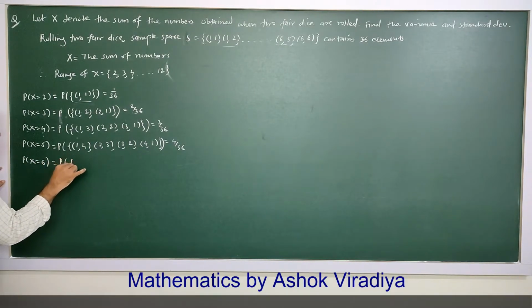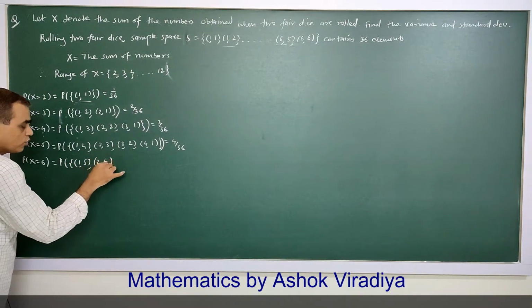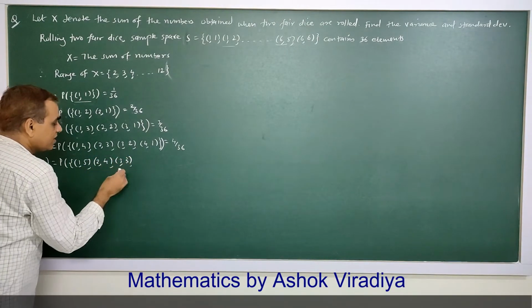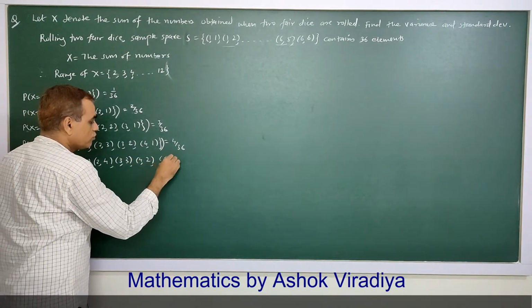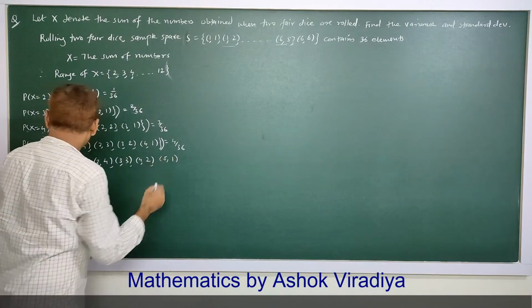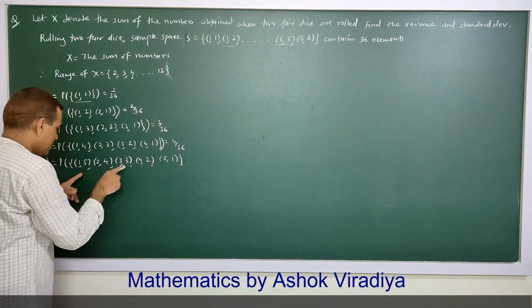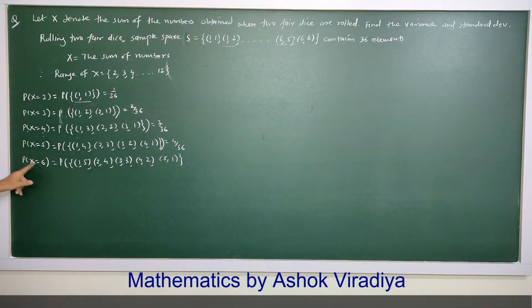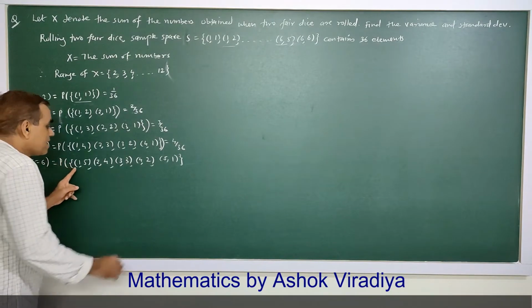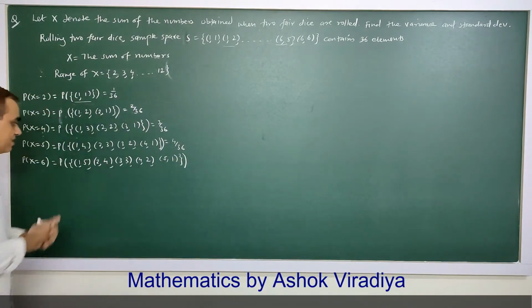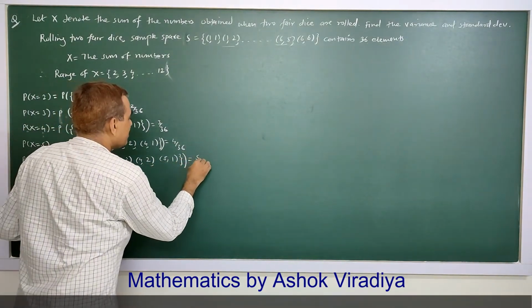So that is the probability of the event 1 5, 2 4, 3 3, 4 2, 5 1. It's over. So when this event occurs, x takes value 6. So the probability that x takes value 6 is equal to the probability of the occurrence of this event. So 1 2 3 4 5. So 5 by 36.